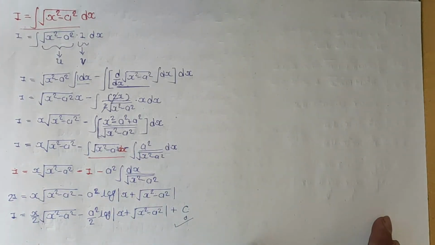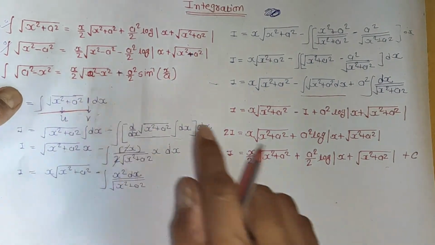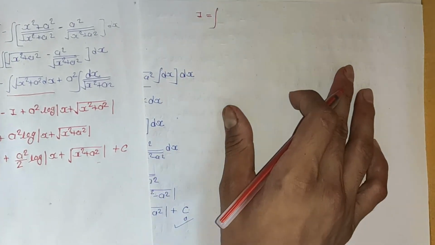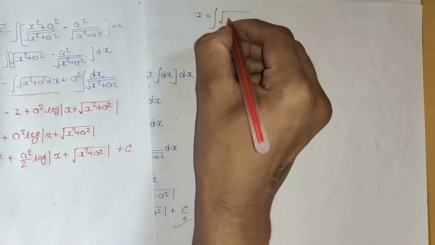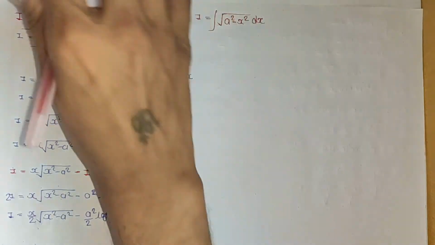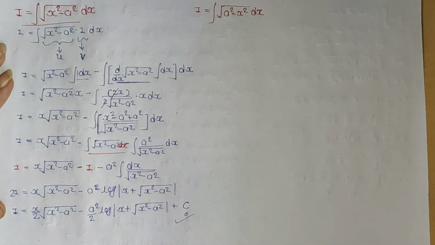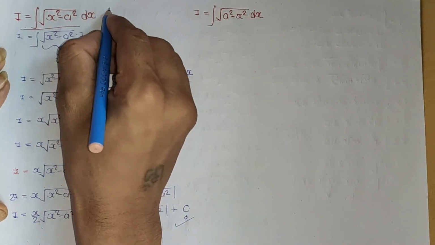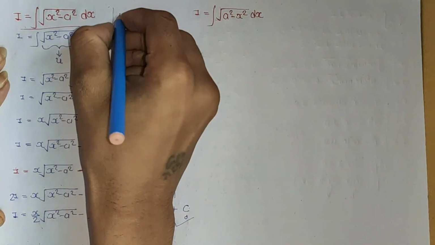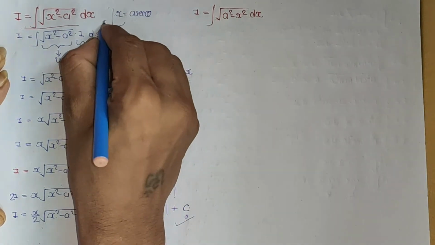Okay, let's solve this formula. I equals integration of square root of a square minus x square dx. Before starting this formula we can solve by trigonometric substitution, and we can take x equal to a sec theta for this one.